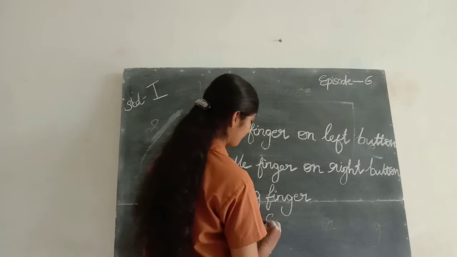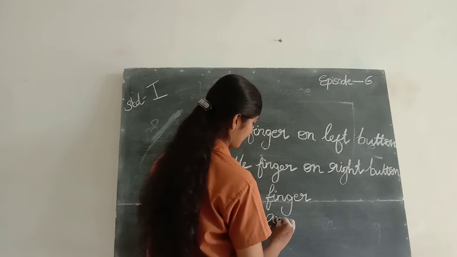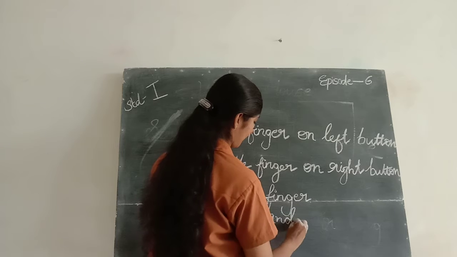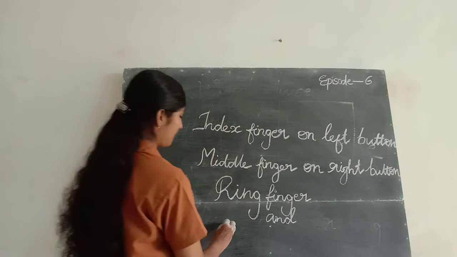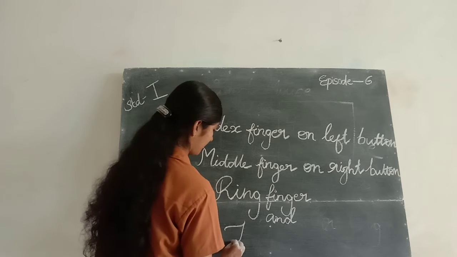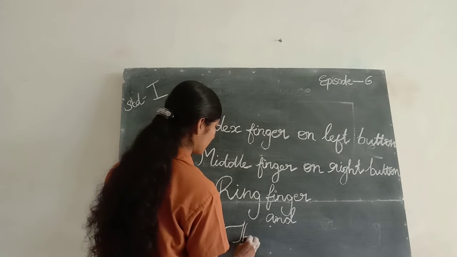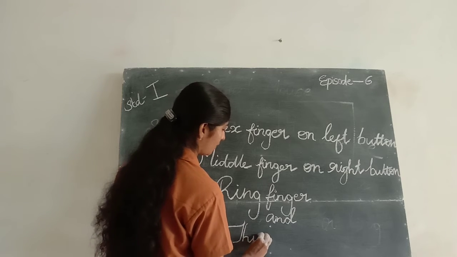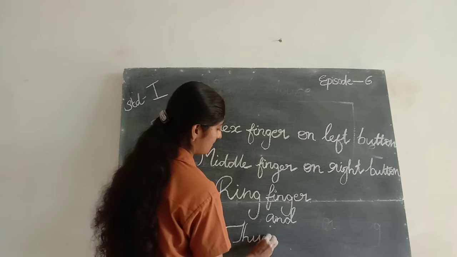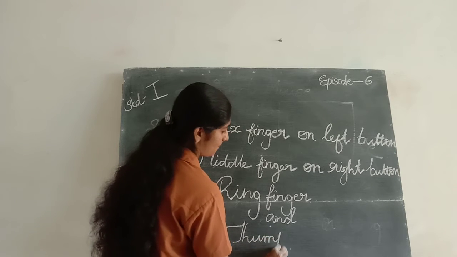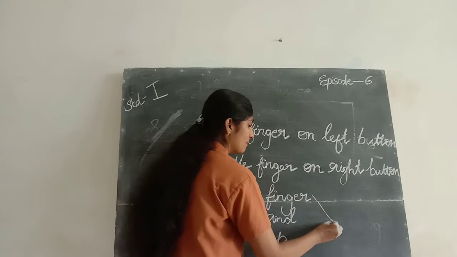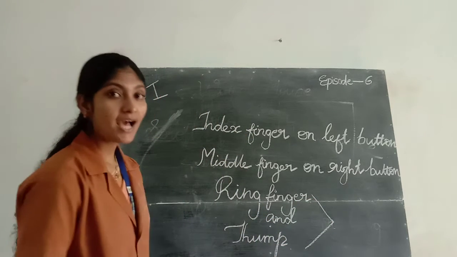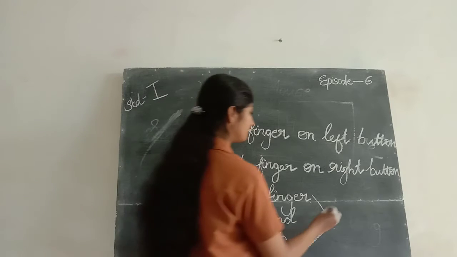And thumb, T-H-U-M-B, thumb. Ring finger and thumb are on the sides of the mouse.